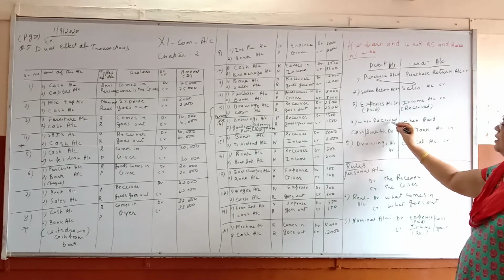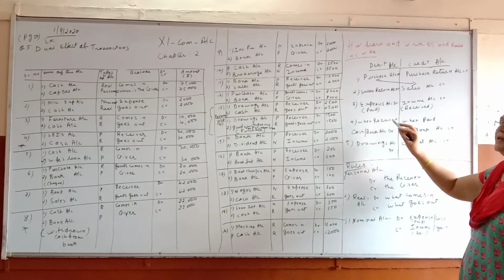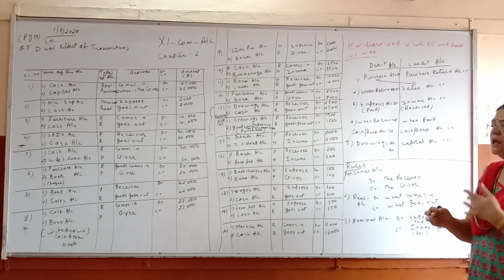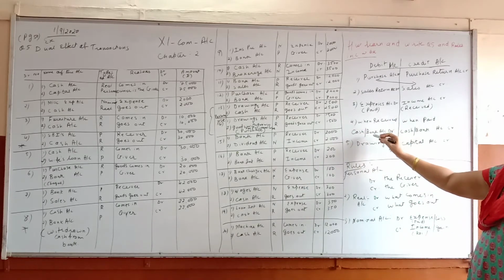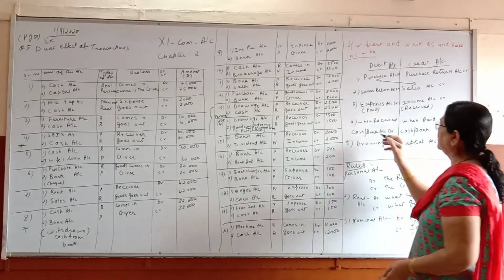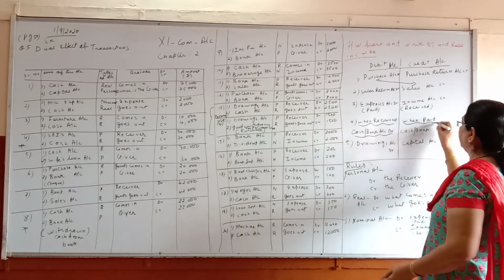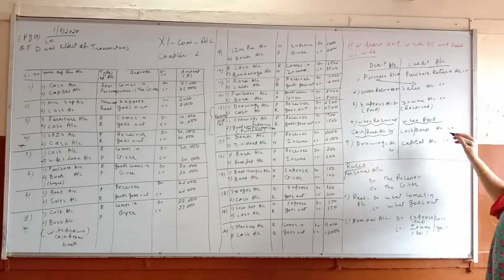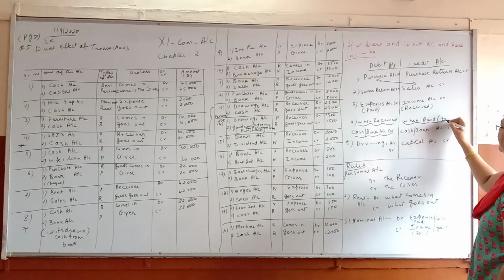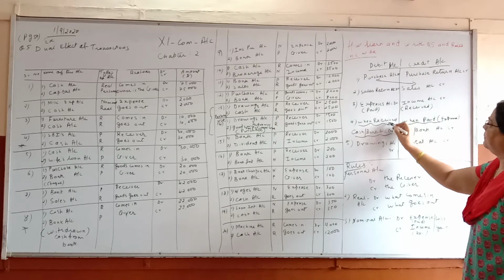When received, cash account will be debited. When the word received is used, cash comes in. So cash or bank check. When the word received is used, cash account will be debited always. And when the word paid is used, paid is used for expense, as I already told you, and received is used for income.